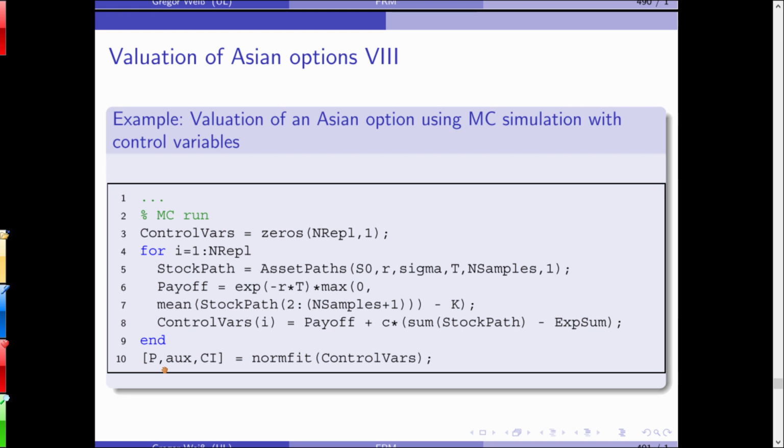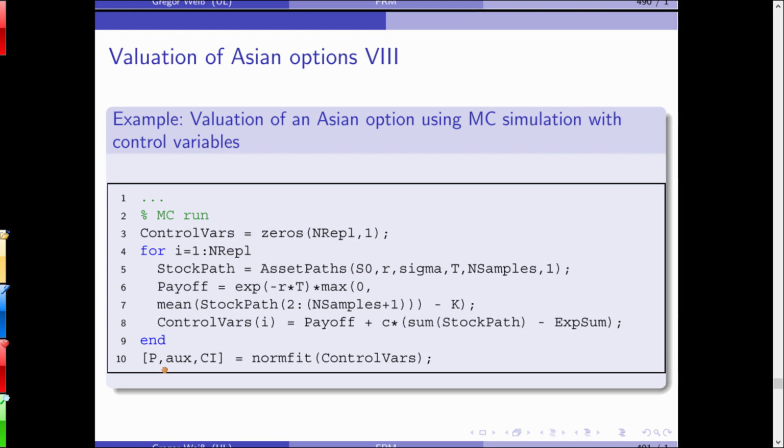We use the stock path, again we simulate. The payoff is the payout profile of the option, discounted in lines 6 and 7. But now we're doing the conditional Monte Carlo simulation with control variables, and we are not using x. Remember, we are using x plus c times y minus the expected value of y.